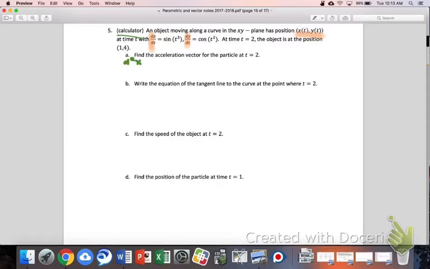d squared x over dt squared would equal cosine of t cubed times 3t squared. And then you evaluate that at t equals 2.